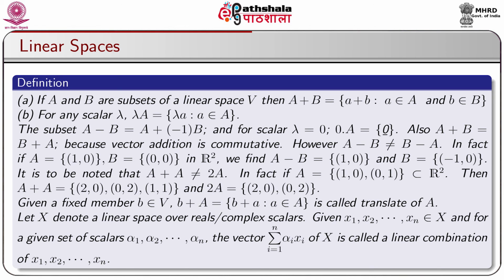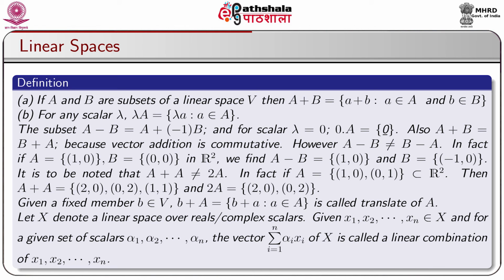Given a fixed member b belonging to V, we note that b plus A, the collection of all such elements b plus a where a runs in A, is called a translate of the set capital A. Let capital X denote a linear space over the field of reals or over the field of complex scalars.